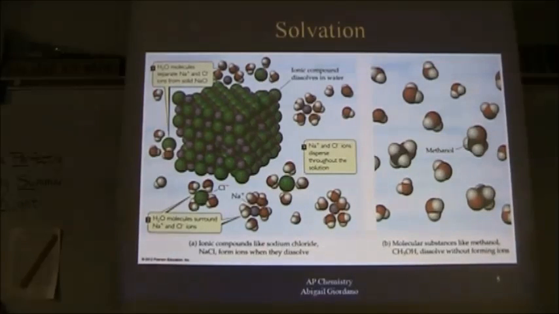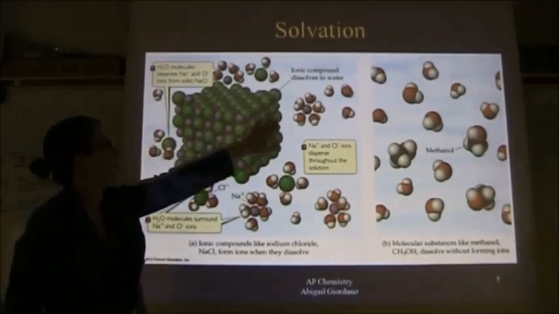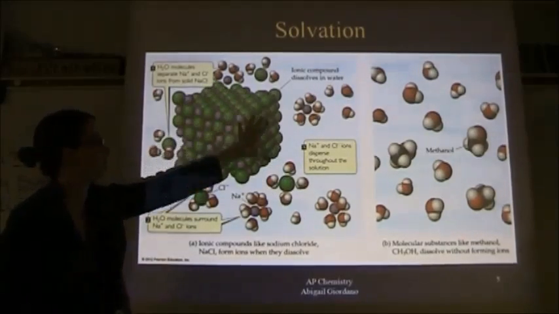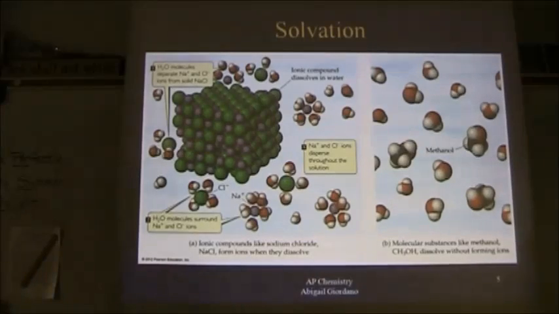Now I realize, guys, there is a lot going on in this picture. Let's break it down into sort of manageable pieces. Okay? This is representing a cube, a chunk of sodium chloride. Sodium chloride, ionic or covalent? Ionic, okay.